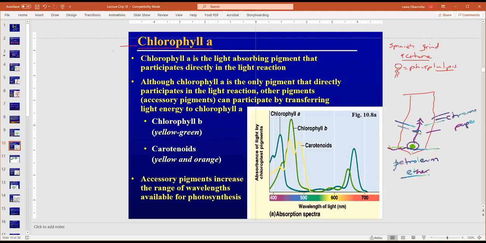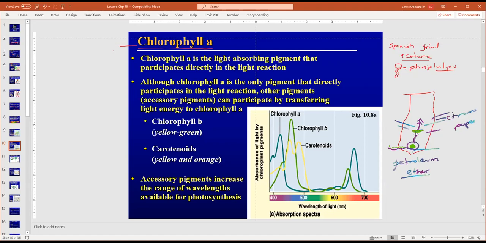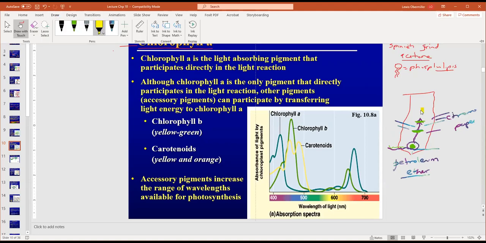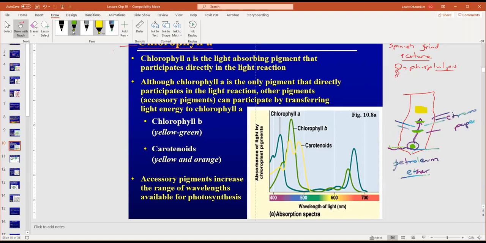Some of the pigments will come out here because they're not as soluble, other pigments will come out here because they're a little bit more soluble, and other pigments will come out higher up here because they're the most soluble. So chromatography separates things based on their solubility.